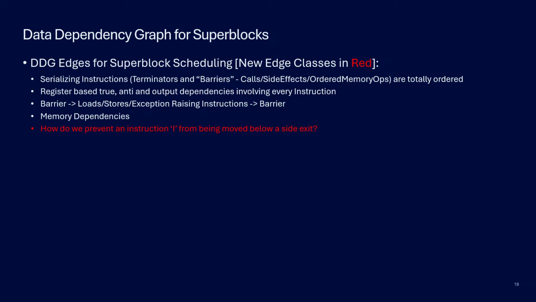Now, how do we prevent an instruction I being moved below a side exit? Same concept. I'll give you a concrete example. So this is a trace, I mean this is a superblock.